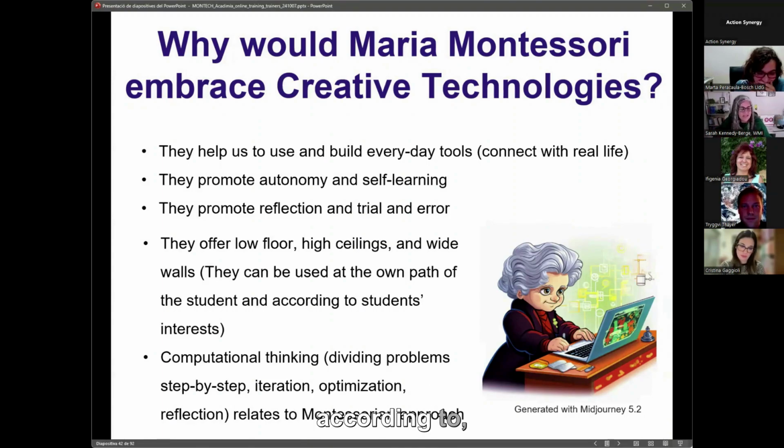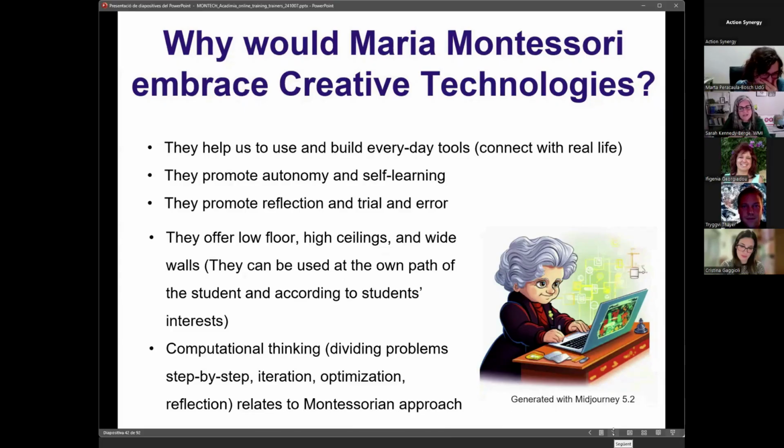And it's really according to, as it says here, the student's interest, because we can start with one topic, but how the student can then go out from there and work based on their own interests is so important.